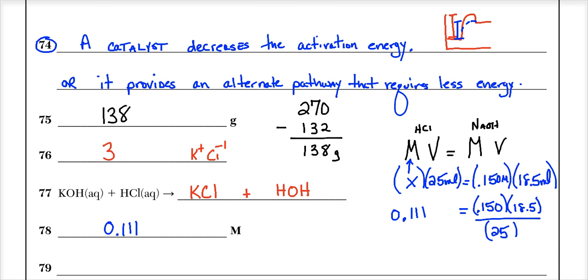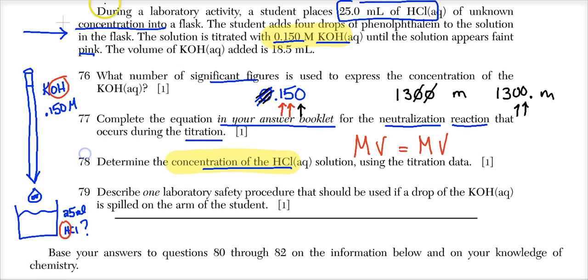Number 79 says, describe one laboratory safety procedure that should be used if a drop of KOH is spilled on the arm of a student. So if a drop can be spilled, what would happen here? Well, let's go to the answer booklet, because this question really has nothing to do with the blurb.